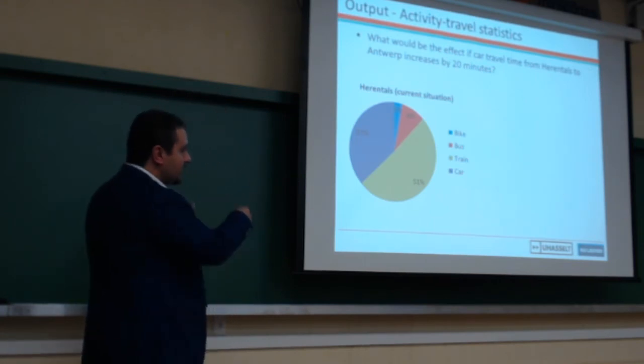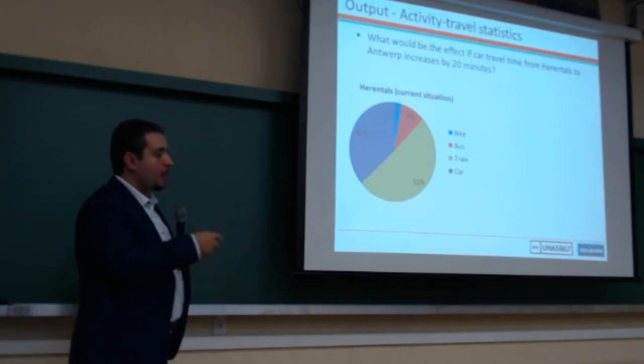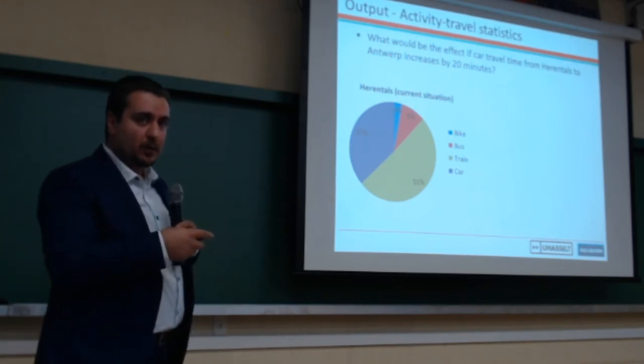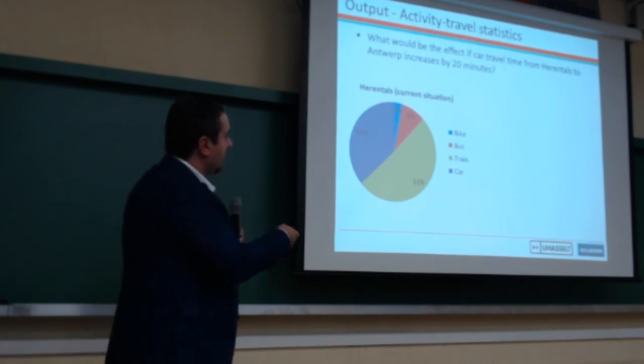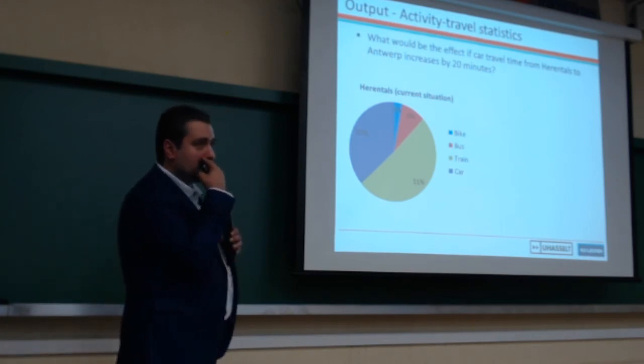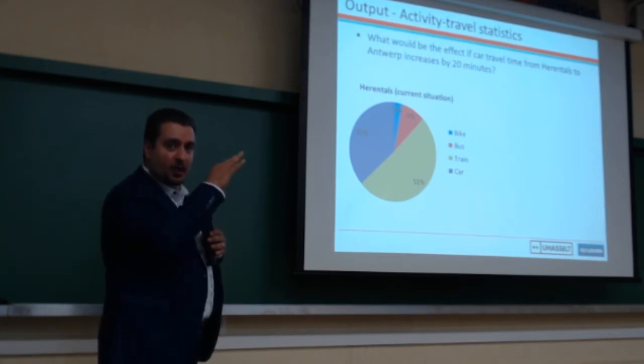So this is the composition of different transport modes in the current situation. As you can see, 51% are taking the train because they don't want to get stuck in the Antwerp suburb.